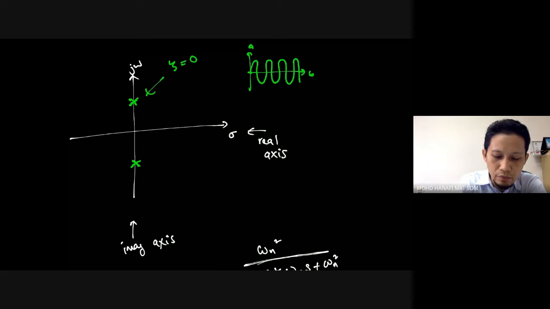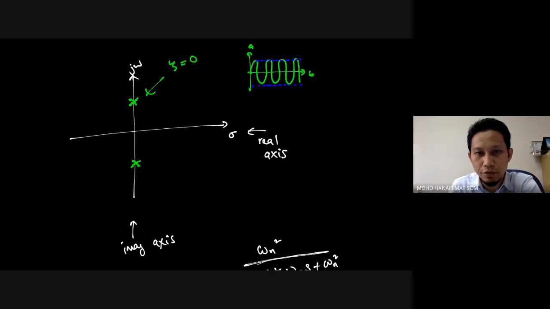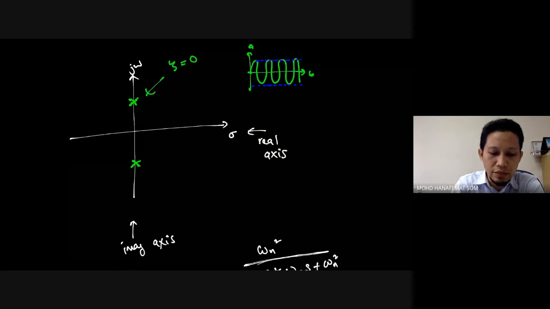This sinusoid neither increases nor decreases, because the value of the damping ratio at this location equals 0. So in this case, we call the system undamped.